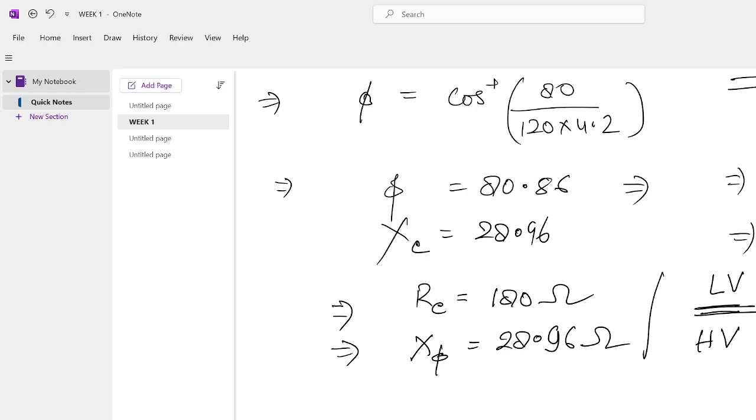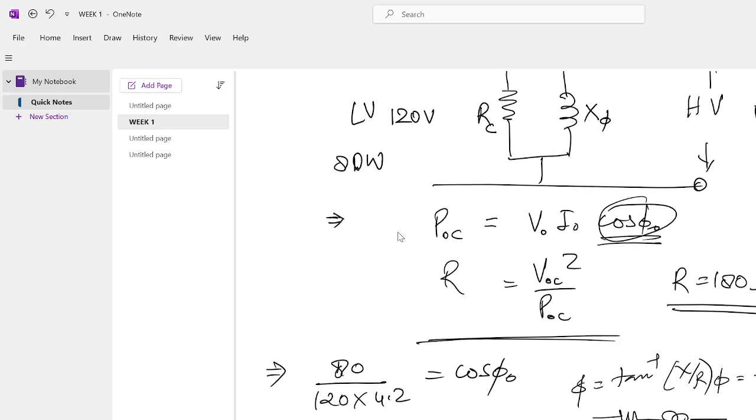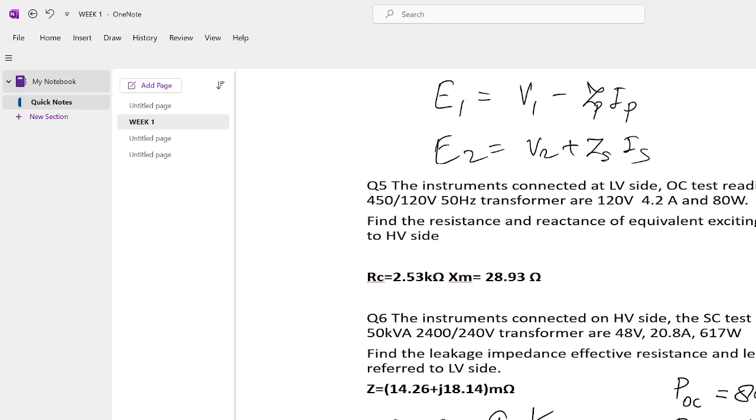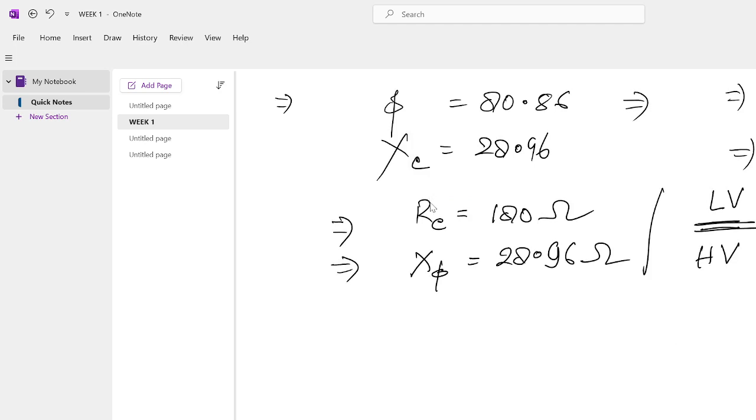In this question it is 450 by 120. A is equal to NHV by NLV, that is 450 by 120.